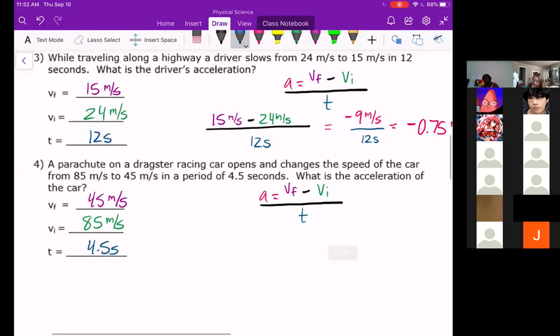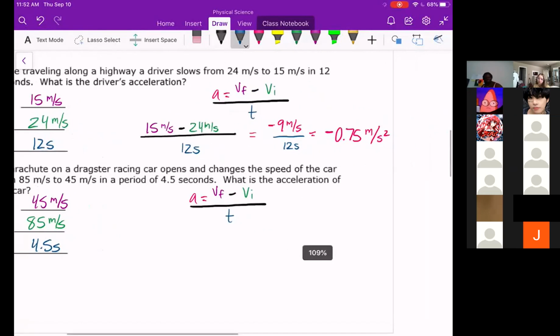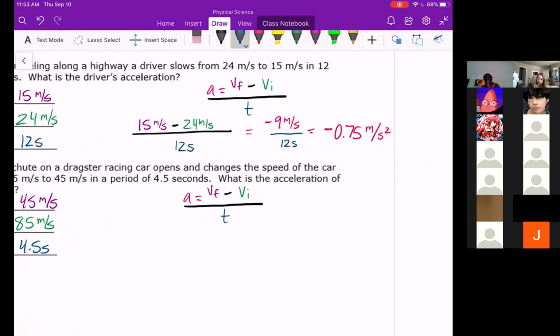All right, so I'm going to plug everything in, and Glory, you get ready to tell me what you got for an answer in a second. But let's think about that. We talked about the dragster, and I said if he started at 85 and slowed down to 45 from that parachute opening up and slowing him down, think about whether you should have a positive or a negative acceleration.